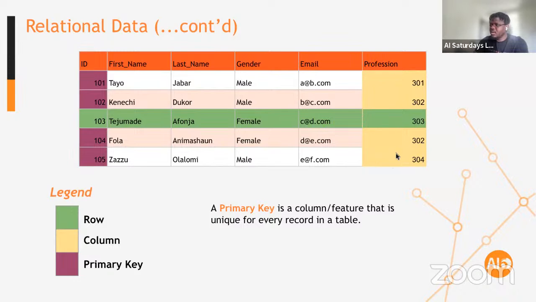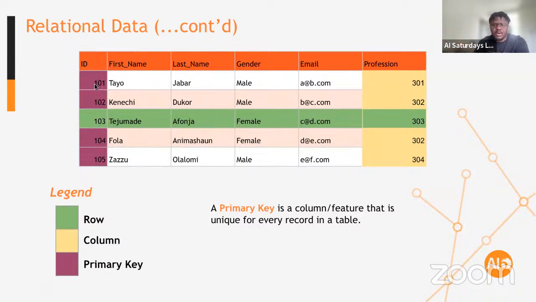So this is just one particular piece of information about everybody here. If I took out profession from this table, you realize that I still have some information about everybody on the table. So that's what we mean by a column: it's just one field that gives partial information about the record.